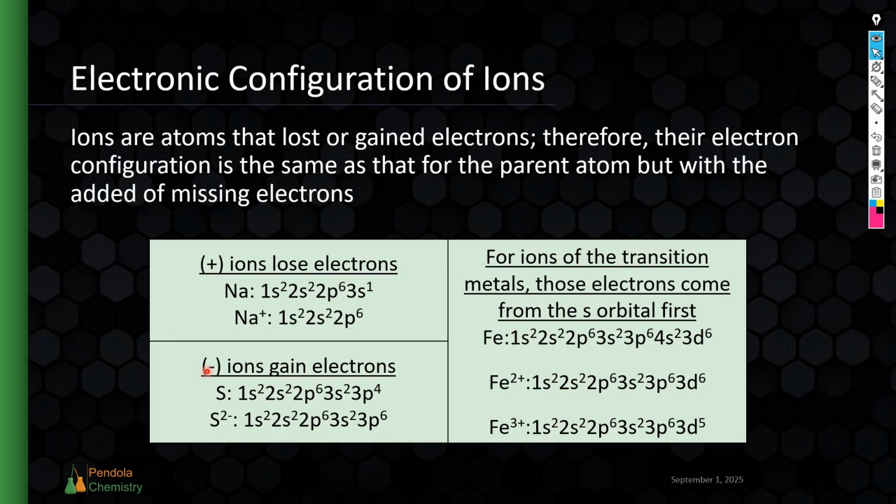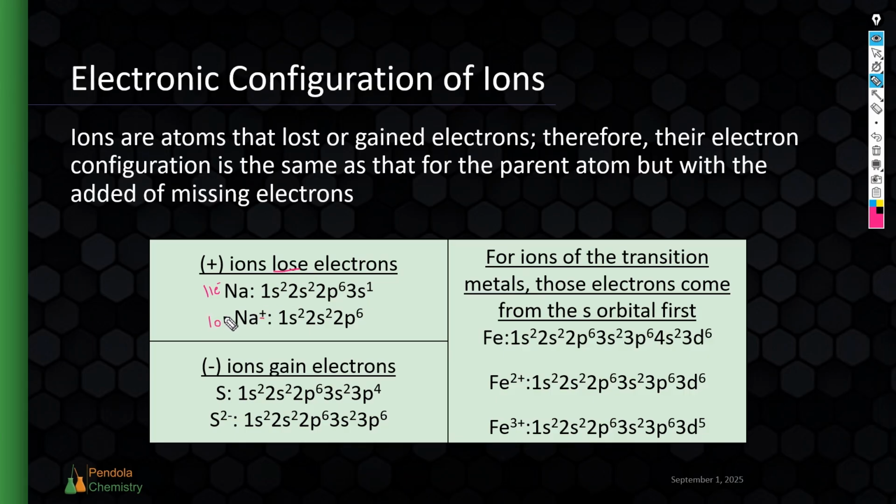So let's look at, for example, sodium. Sodium naturally has 11 electrons. So the electron configuration is 1s2, 2s2, 2p6, 3s1. Well, when we have the sodium plus 1 ion, that plus 1 means we have lost 1 electron.